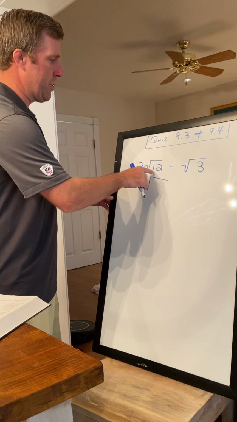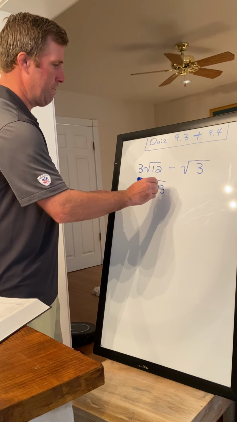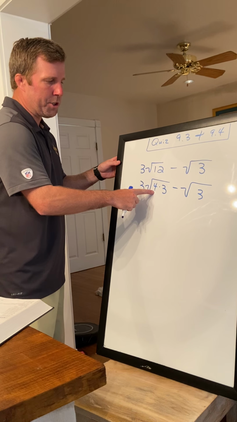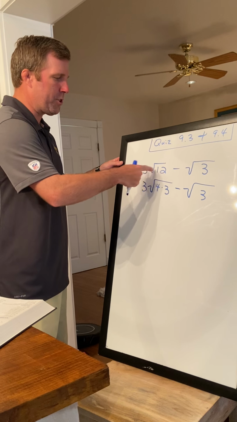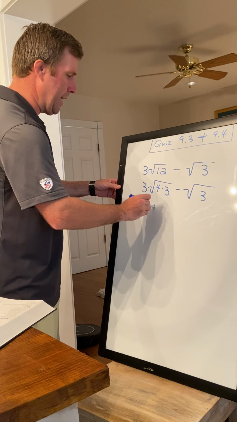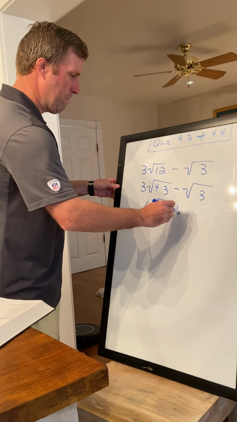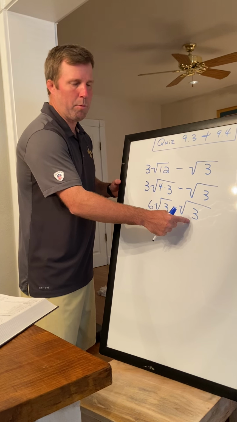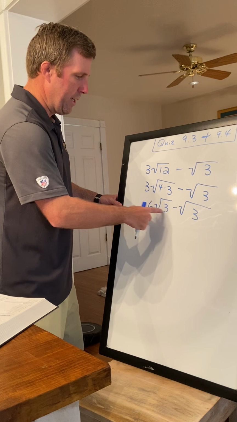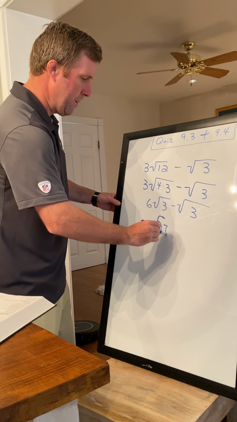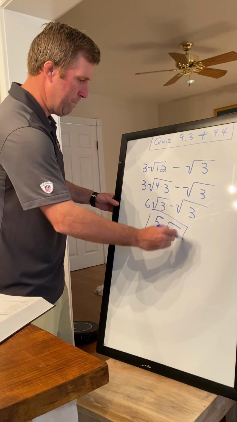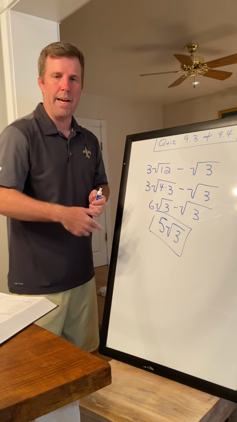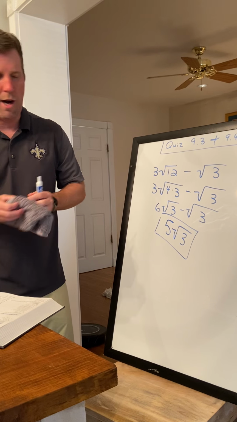So I break it down into 4 times 3. I can take the square root of 4, which is 2, because it's a perfect square. So I bring that 2 out front. 3 times 2 is 6. So now if you look, same index, same radicand, it's okay to subtract. 6 minus 1 is 5 times the square root of 3. Okay, so be careful. Make sure you simplify any radical you can before adding and subtracting.